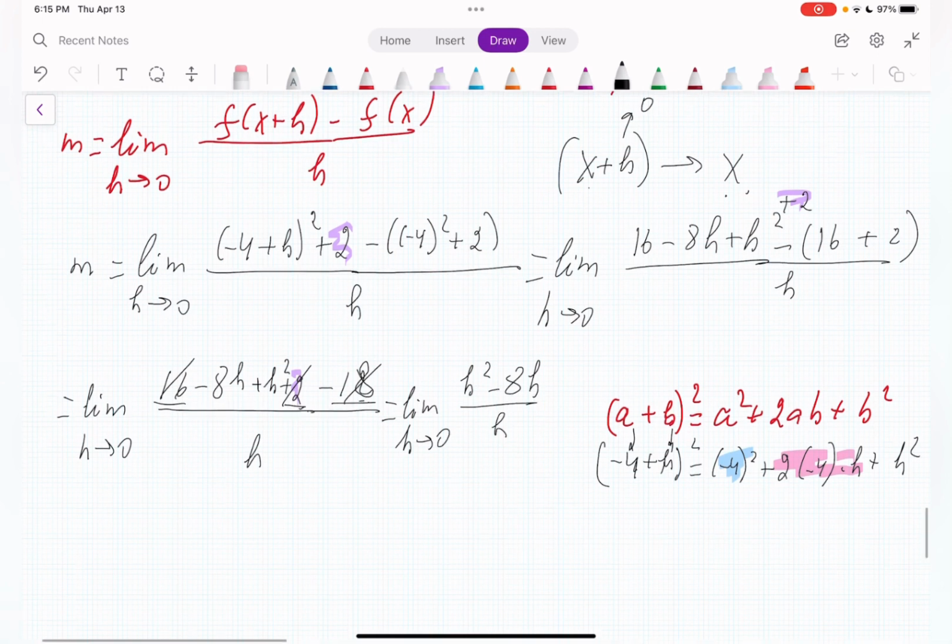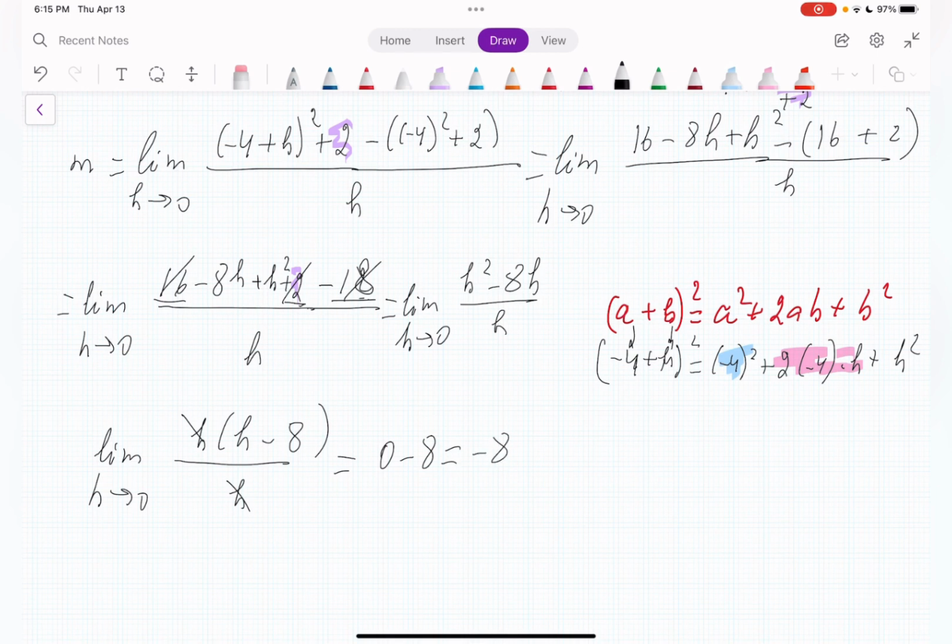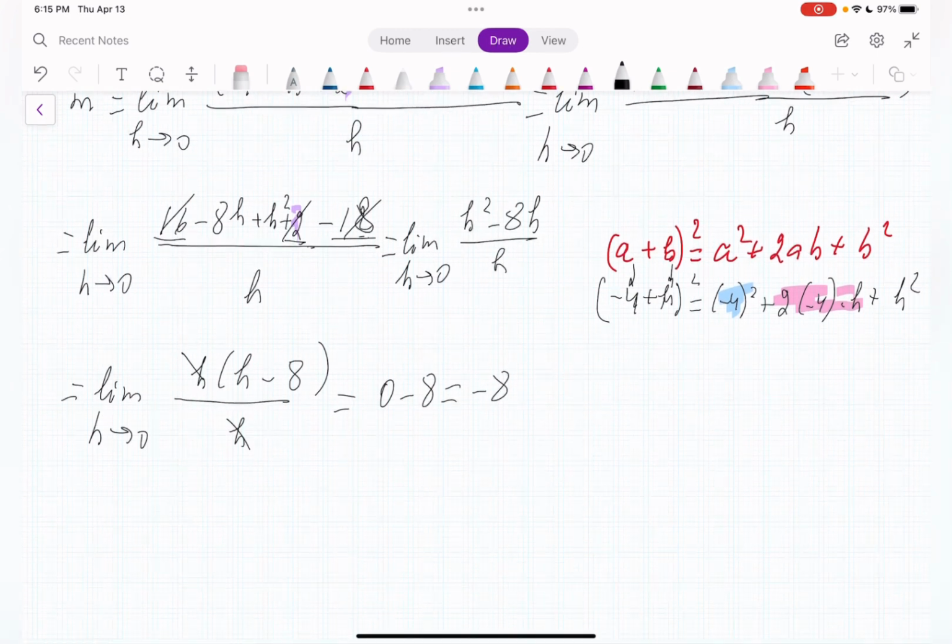Taking h out, limit as h approaches 0, I get h minus 8 divided by h. If I plug in the limit, 0 minus 8, I'm getting negative 8. So my m, my slope, is equal to negative 8.